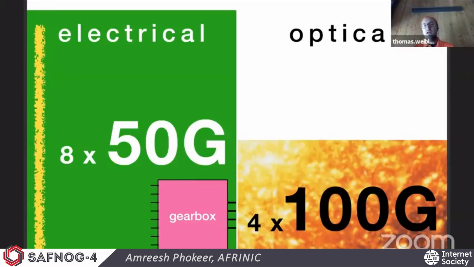For such a high-speed signal, you have to increase the frequency, so you need really expensive PCB material, and it's cheaper to place an ASIC inside there. And that's the reason why the multi-source agreement that defined the transceivers sticks to that solution, placing a gearbox on the electrical side.